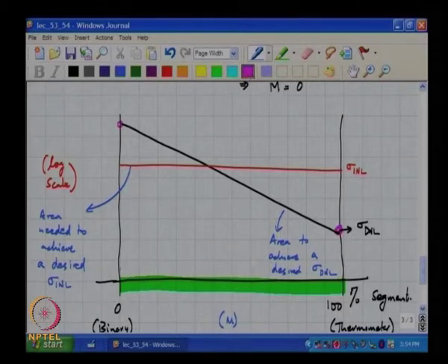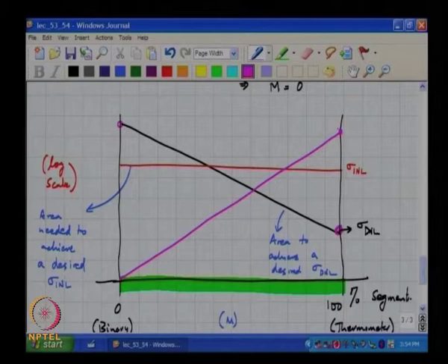Now you need some minimum area for a binary decoder DAC, and let us say this is the digital area required, which is also exponentially proportional to n minus m.